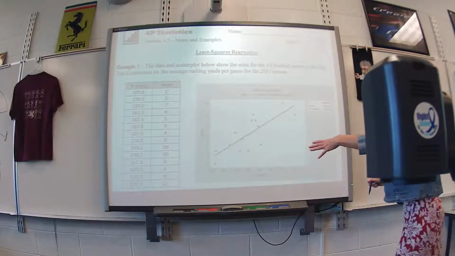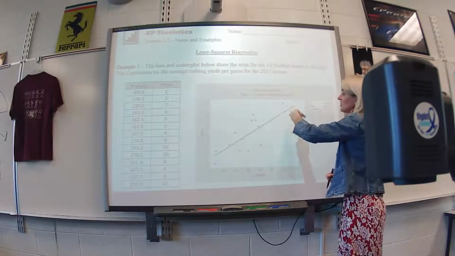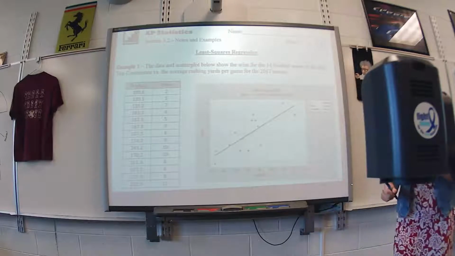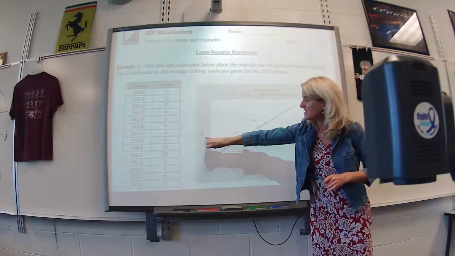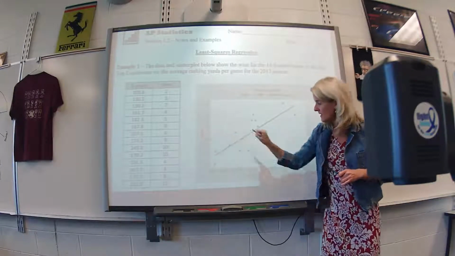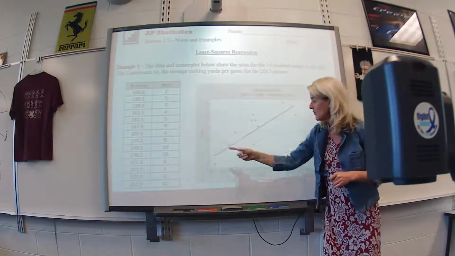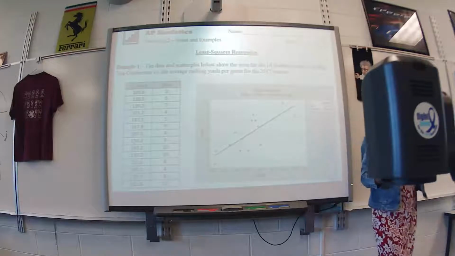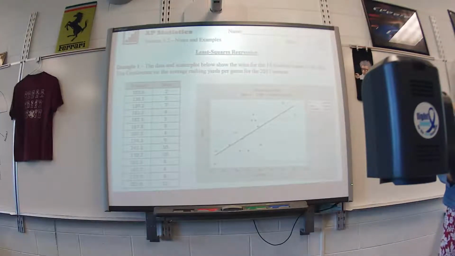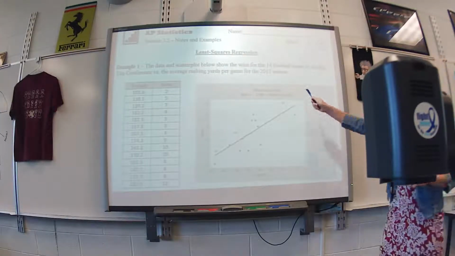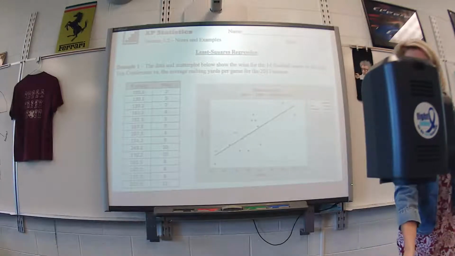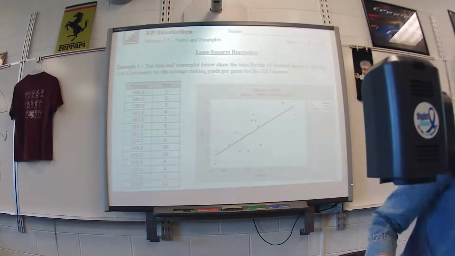So we made a scatter plot of this, and I want you to notice how Minitab makes the scatter plot. The response variable here is wins. The explanatory variable was rushing yards per game. How those are labeled is just however I named my columns in Minitab. What it doesn't show here, I think I cropped it off, is how Minitab will often name the graph.